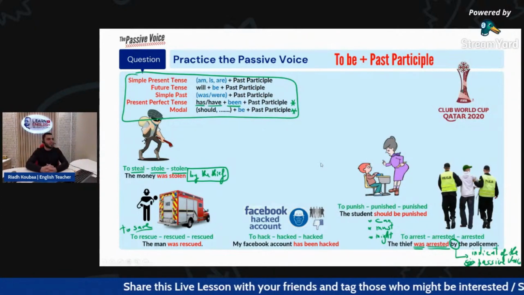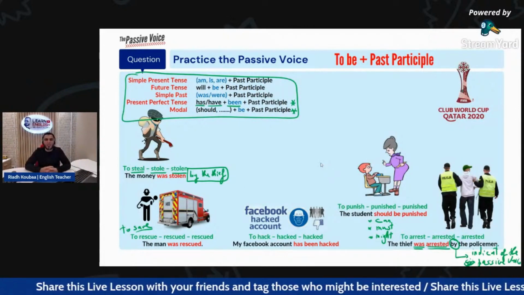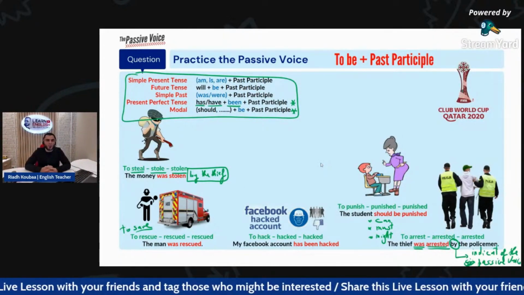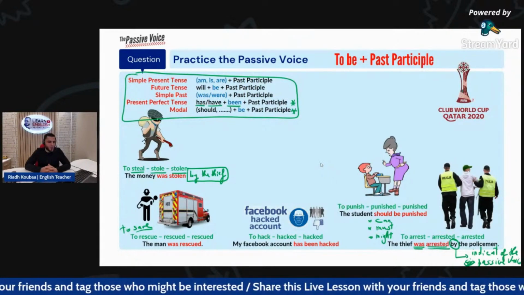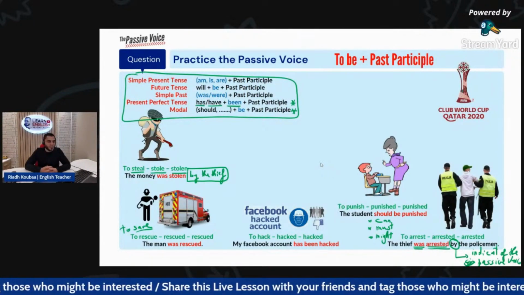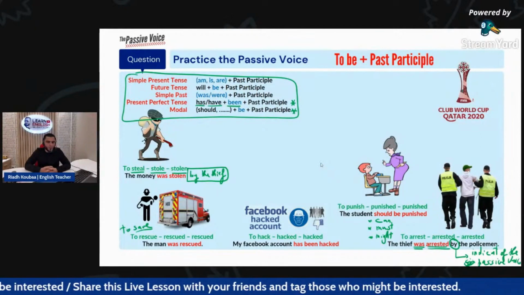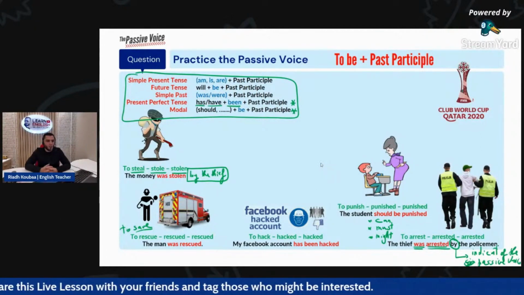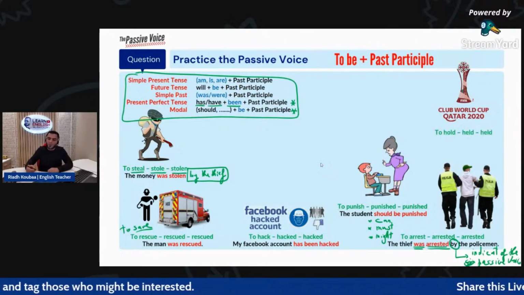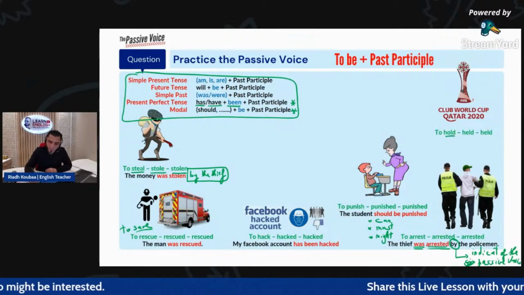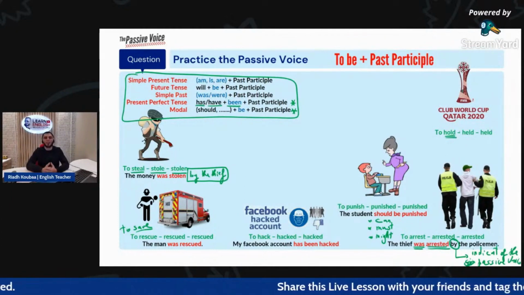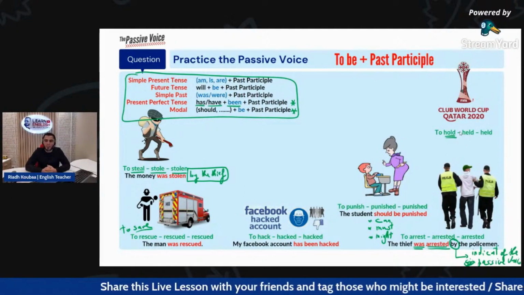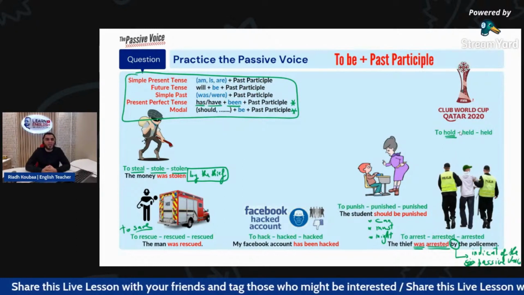Next one. Let's talk about the next World Cup. So what are we going to use here? Are we going to use the simple present, the future, the simple past, the present perfect, or the modal? So write your answer. I'm going to give you the verb here, to hold. What country is going to hold the next World Cup, or what country will hold the next World Cup?